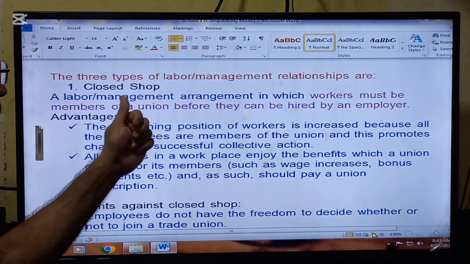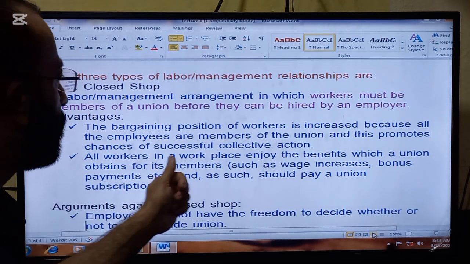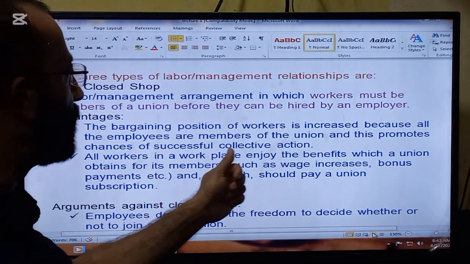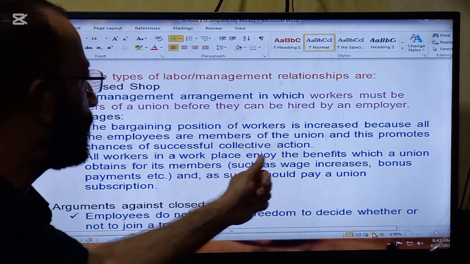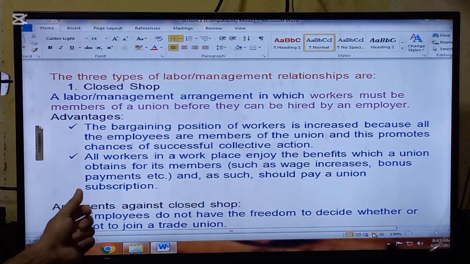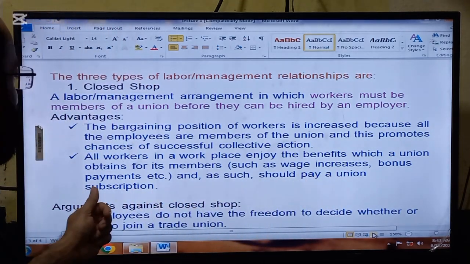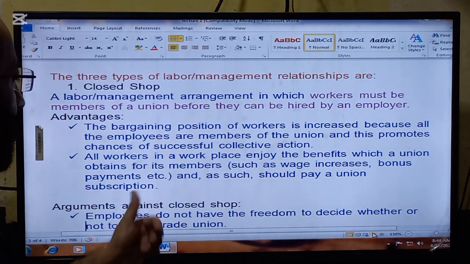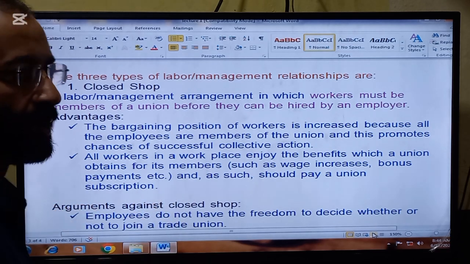Advantages of this kind of labor management relationship: the bargaining position of the workers is increased because all the employees are members of the union, and this promotes chances of successful collective action. The second advantage is that all workers in a workplace enjoy the benefits which a union obtains for its members, such as wage increases and bonus payments, and as such should pay a union subscription.